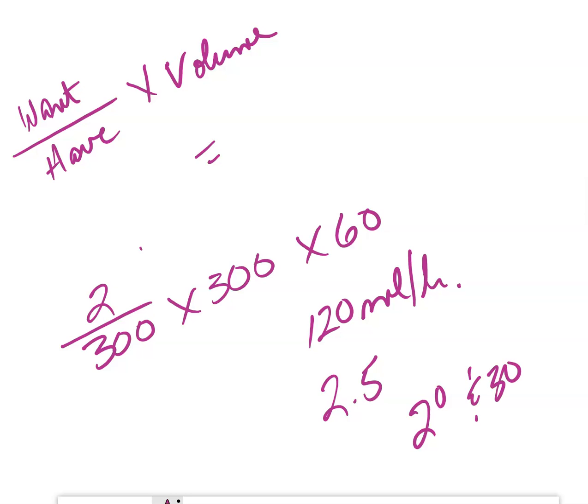Now, this is what I would want you to do because it makes it a little bit easier. If you have 2.5, subtract the whole number first, which gives you 0.5. Multiply that by 60, to go from hours to minutes, and it puts you at 30.